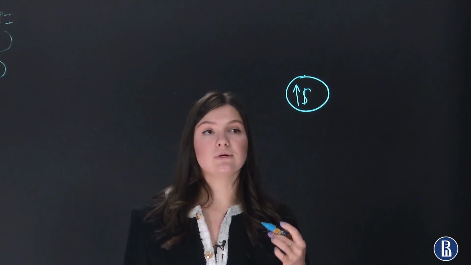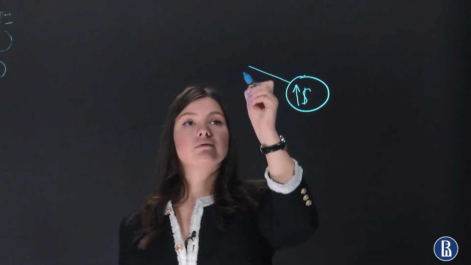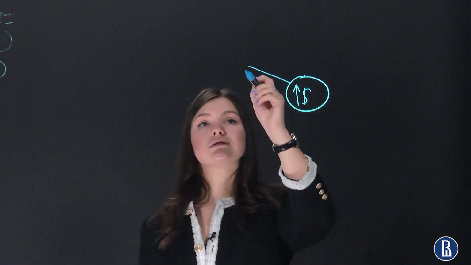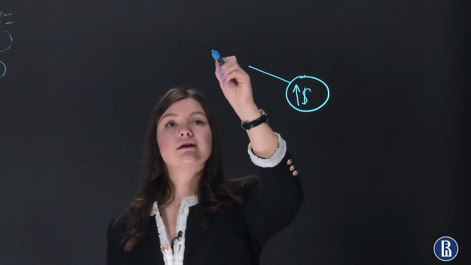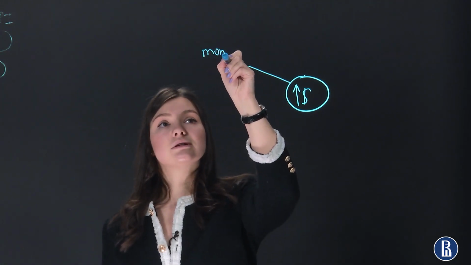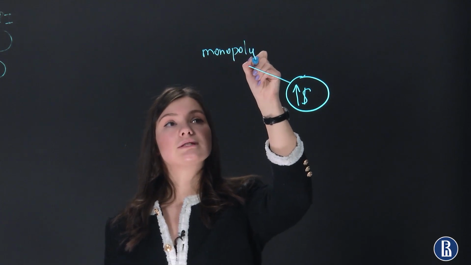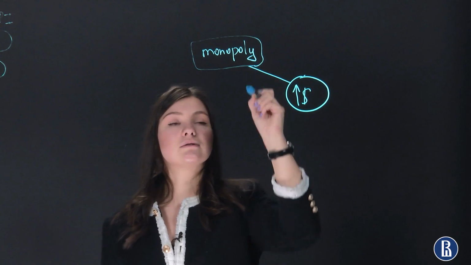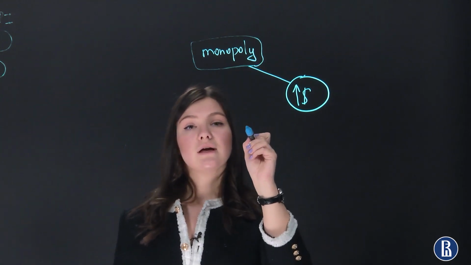What risk factors do we have? First of all, the increase can be connected with monopoly. So it is the monopoly of our supplier. He can increase the cost for the goods that we want to buy.